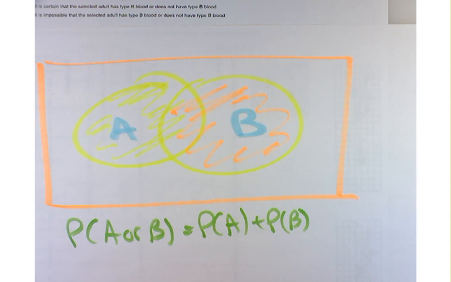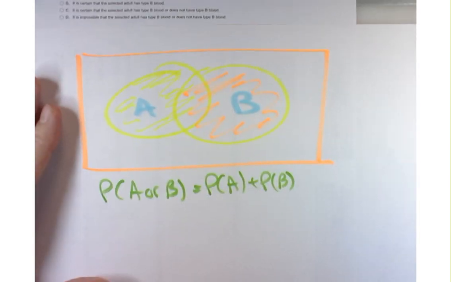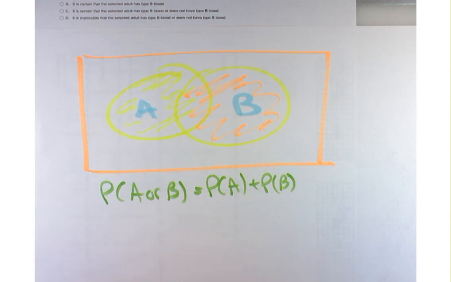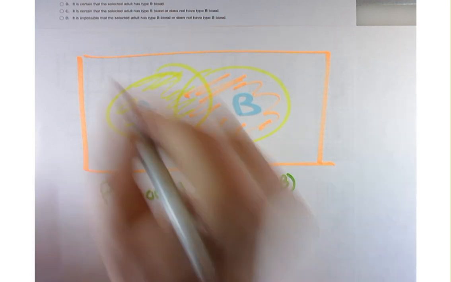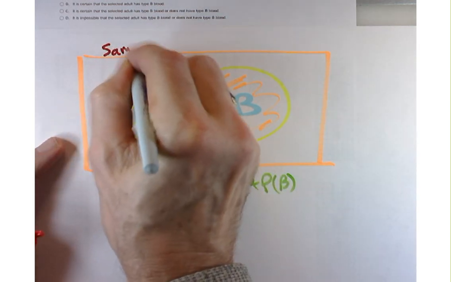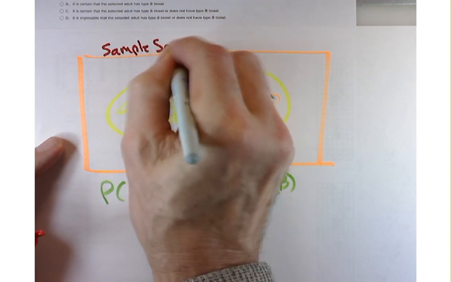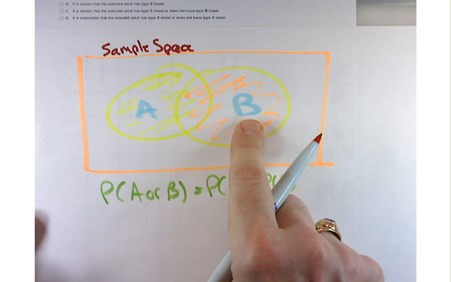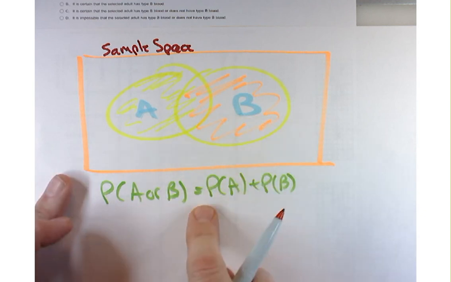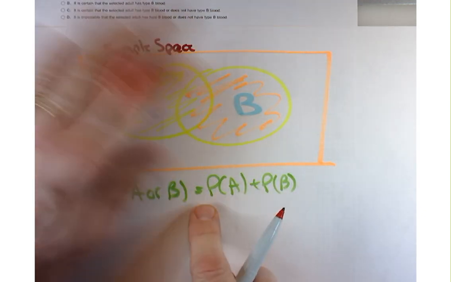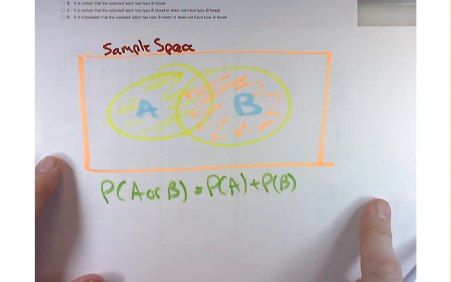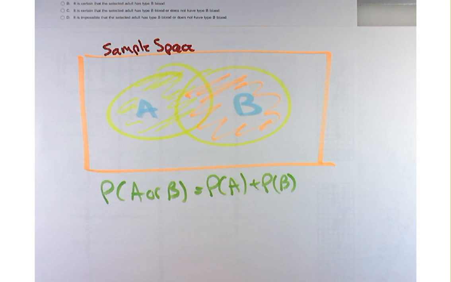There we go. Now you guys can see, right? So this box represents my sample space of everything that can happen, and this is event A and this is event B. The probability of A or B is the probability of A, so everything in this circle, plus the probability of B, everything in this circle. But there's a problem with that.